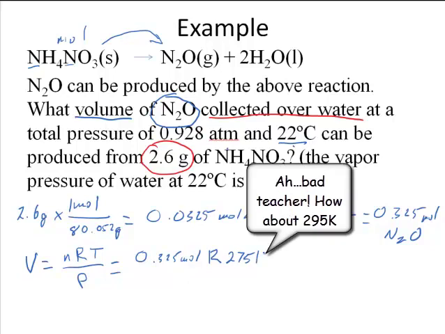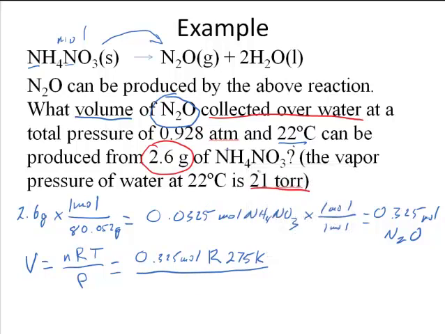And then our pressure. Now here's where we've got to deal with something, okay? We've got a total pressure. See this right here? It says total pressure. Since that's the total pressure, I've got to do a little finagling here and figure out exactly what the partial pressure is. So we've got a partial pressure of water of 21 torr.